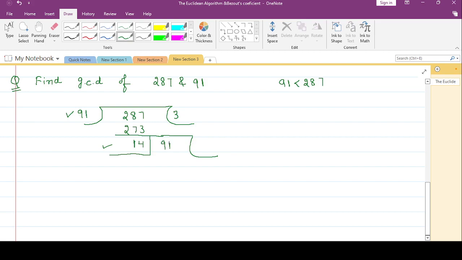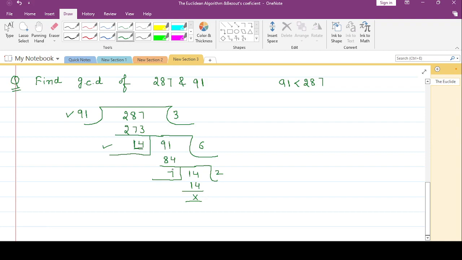Okay. Now next you see what is 14 into 6. 14 into 6 is 84. Okay. Now what is 91 minus 84? It is 7. Okay. And now your previous divisor becomes dividend. So 7 twos are 14. So see in the end you get 0.